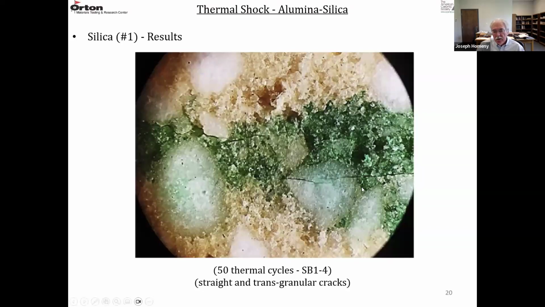You want to see crack bridging, crack branching, microcracks forming. And this crack is straight. This is a coarse grain. You can see the coarse grains in the lighter colors. The crack goes right through the coarse grain. It doesn't deflect around it. That's the worst possible situation for making a thermal shock resistant material. So cracks were straight and they were transgranular, right through the grains without deflecting.